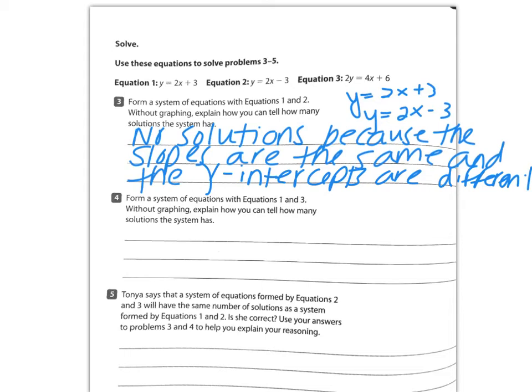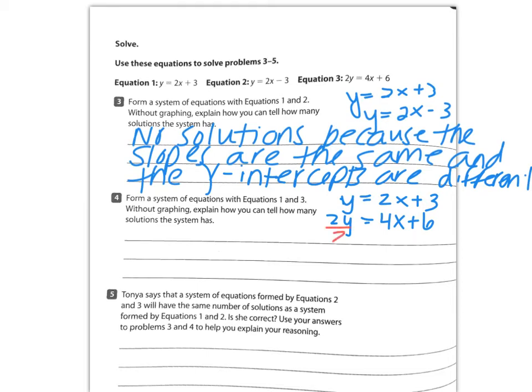Now they want us to form a system with 1 and 3. So 1 is y equals 2x plus 3. 3 is 2y equals 4x plus 6. Well, in order to be able to compare these, I need both of them in slope-intercept form. The first equation is already in slope-intercept form, but the second one is not.